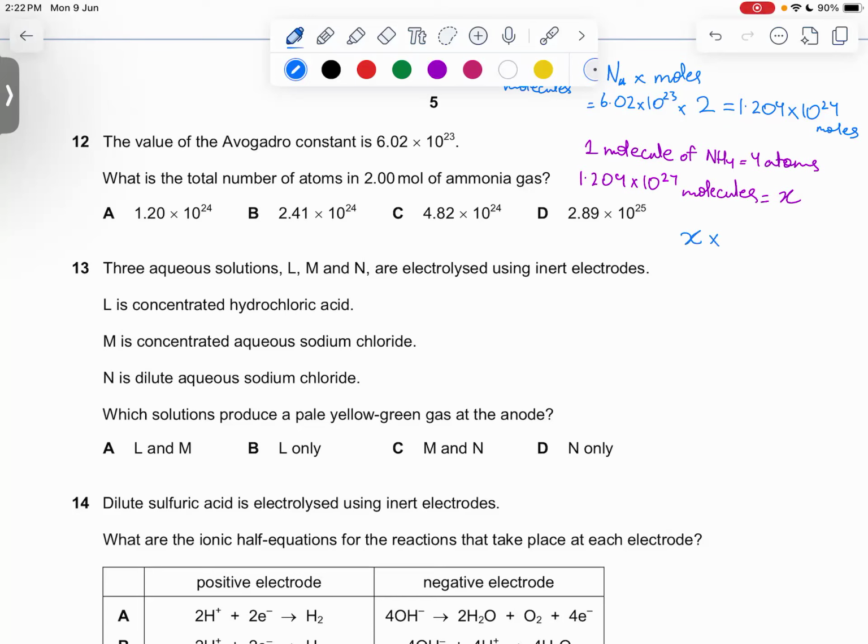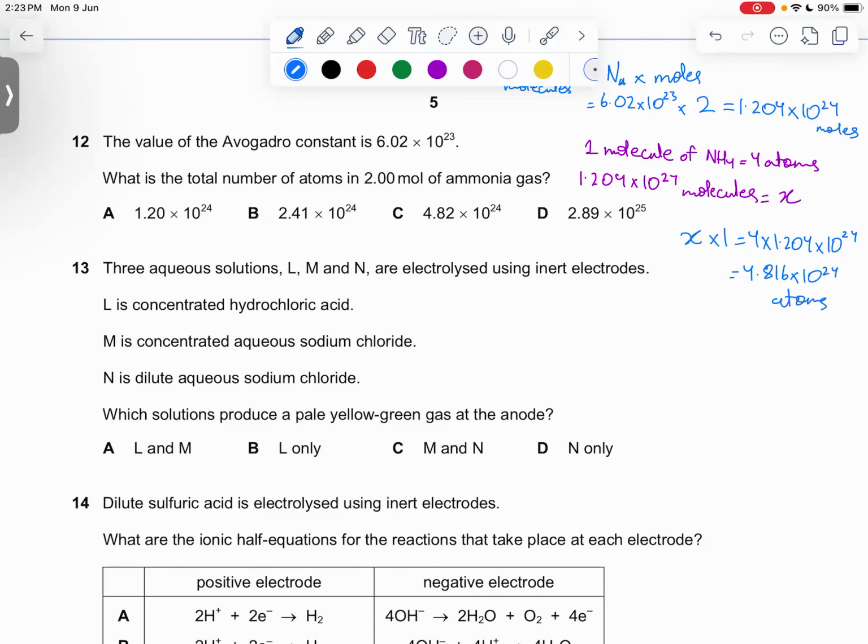X times 1 is equal to 4 times 1.204 into 10 to the power 24. So whatever our answer was, 1.204 into 10 to the power 24, multiply by 4, and we get 4.816 into 10 to the power 24 atoms in total.